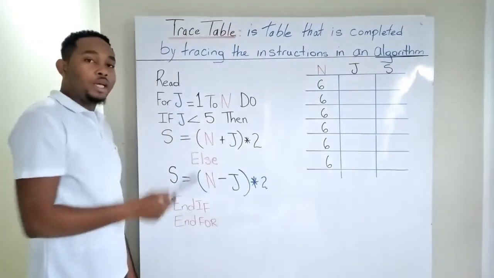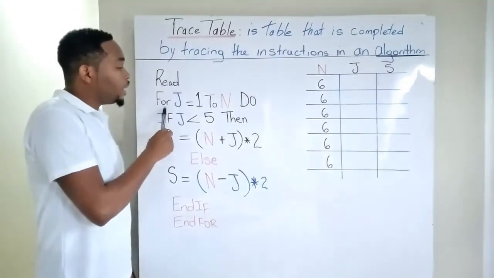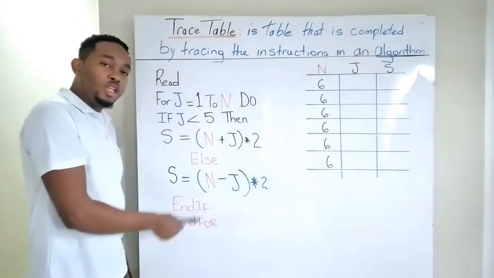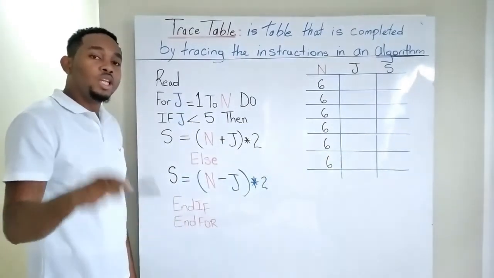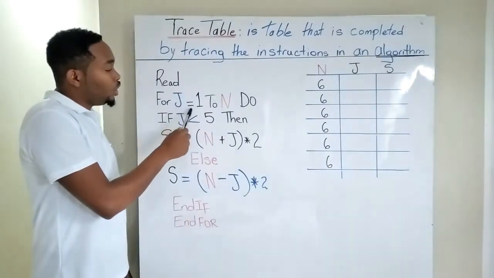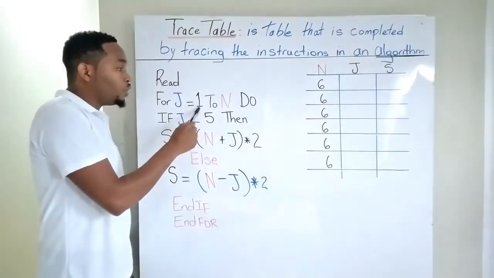For represents a definite type of loop. A loop tells you that you're going to execute this set of instructions a certain number of times. For j equal 1 to n, we have the starting value and we need to know the end value.